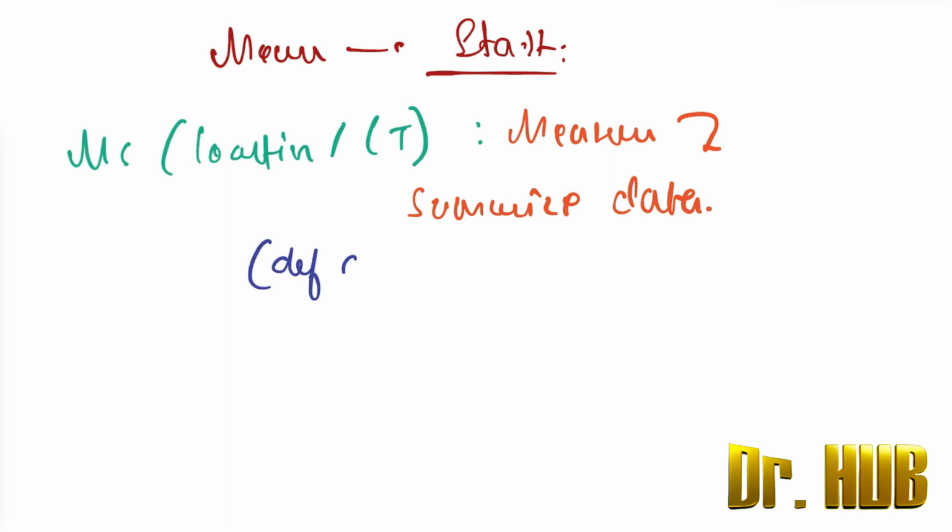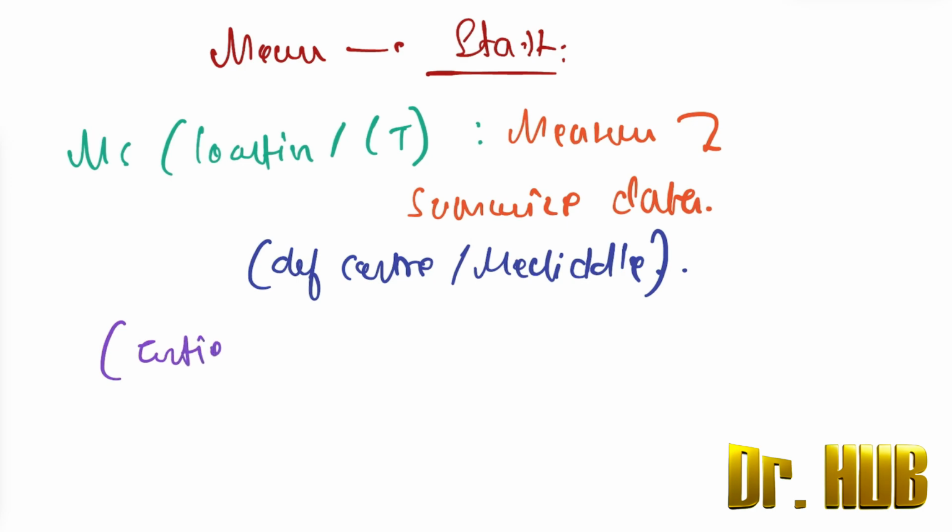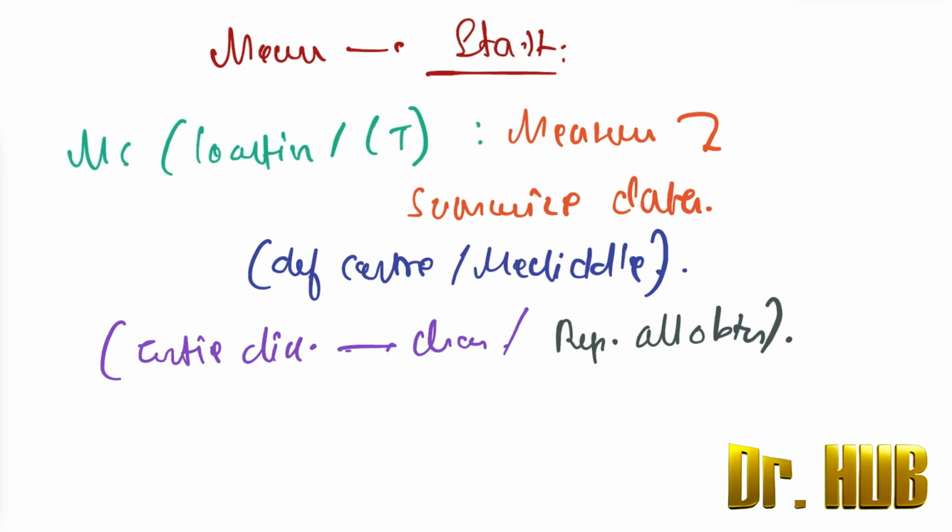They define the center or the middle, and an entire distribution can be characterized by these measures, which represent all observations. Examples are the mean, median, as well as the mode.